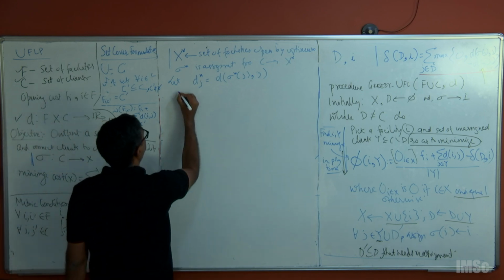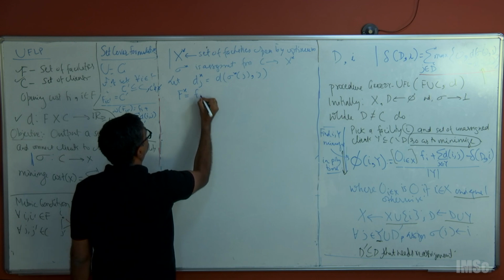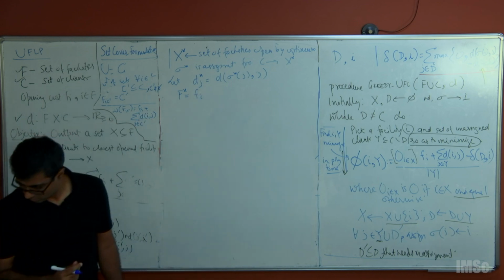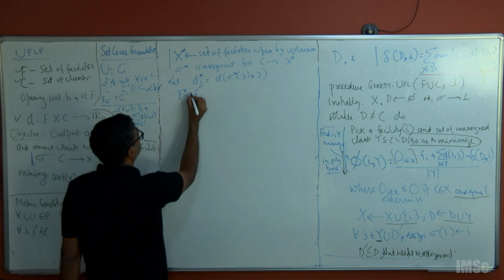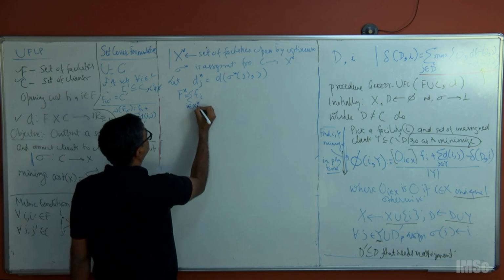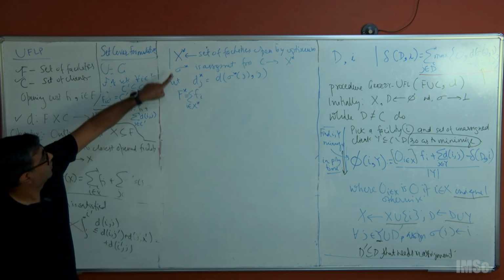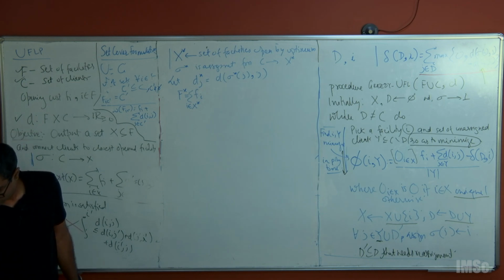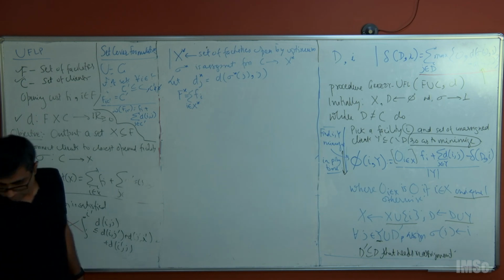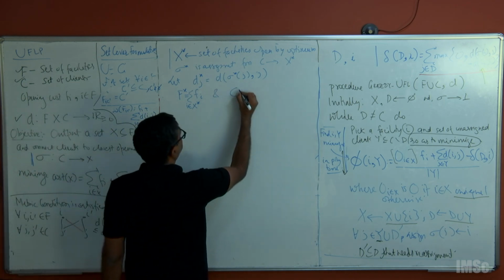And what is f star? It is the sum of fi over i in x star, so this is the optimum facility cost of opening x star. And what is c star?